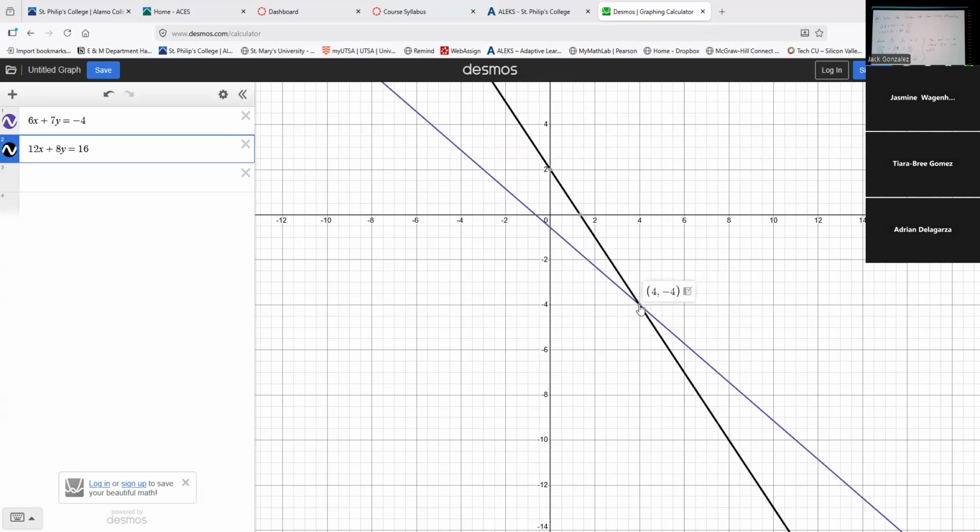There's the point that we solved for, negative 4. They intersect one time, unique solution. Any questions on number 4?